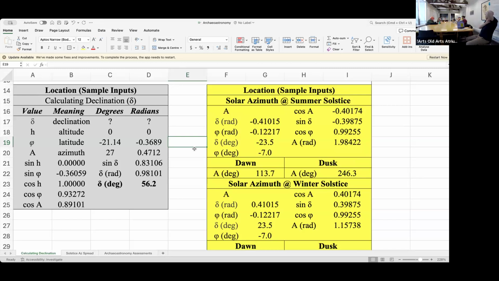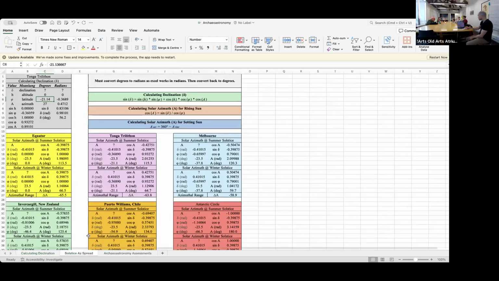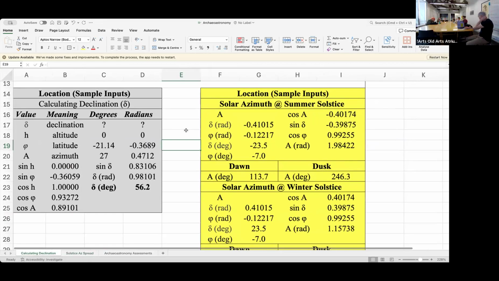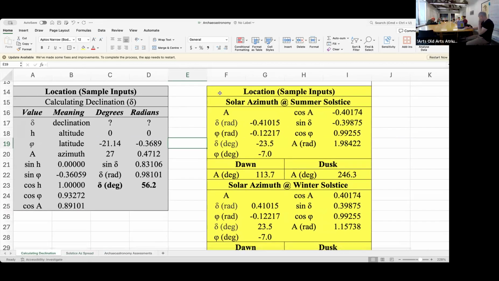Stars are going to be the same. They're never going to change, except over long periods of time. But it's the sun, the moon, the planets that are going to shift around a bit. But we're just keeping it simple. For the sake of our exercise, we're going to be looking at the Tonga trilithon. As we get into the Tonga trilithon, we need everybody to put in your values.